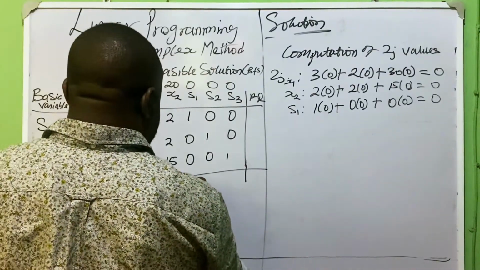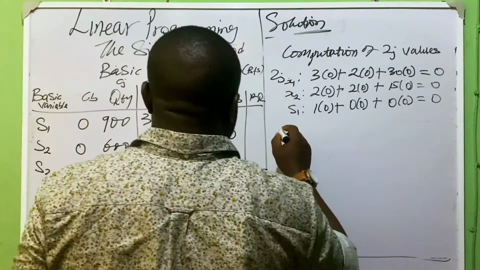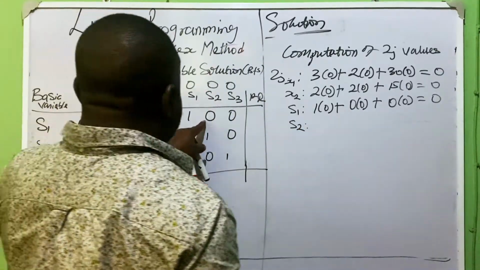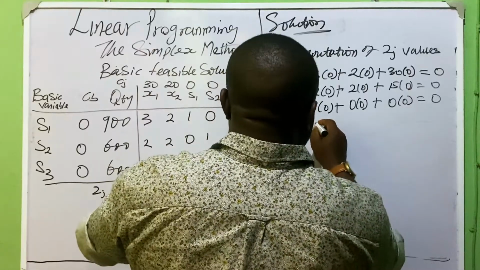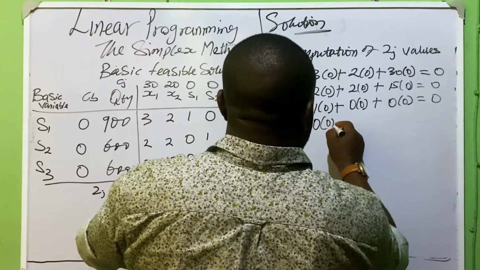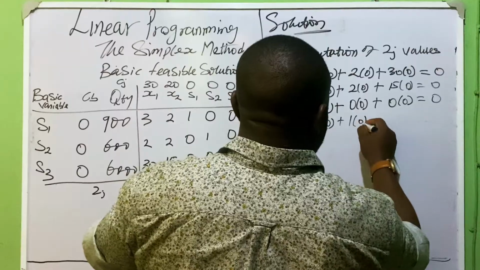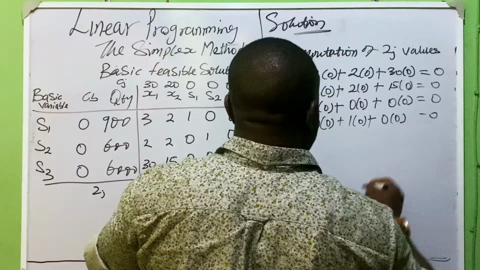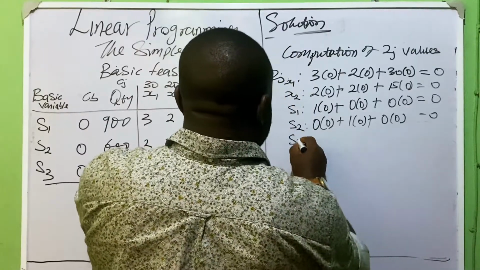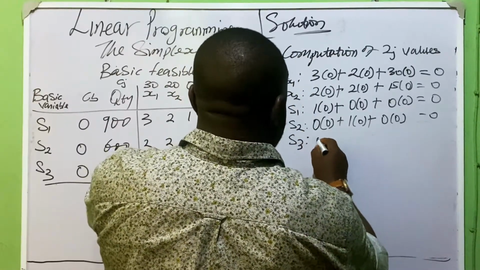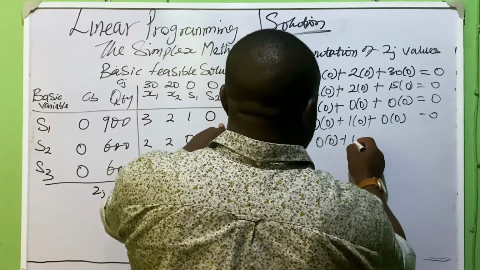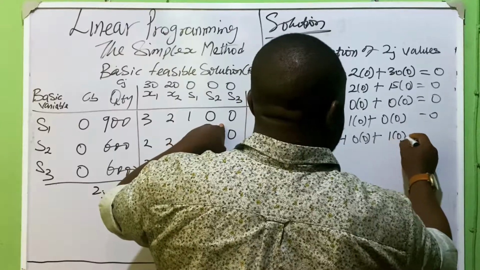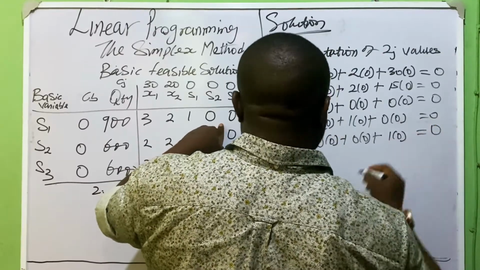And for s2, we have 0 by 0 plus 1 by 0 plus 0 by 0, which is also 0. The last one, s3, we have 0 by 0 plus 0 by 0 plus 1 by 0. So everything comes back to 0.